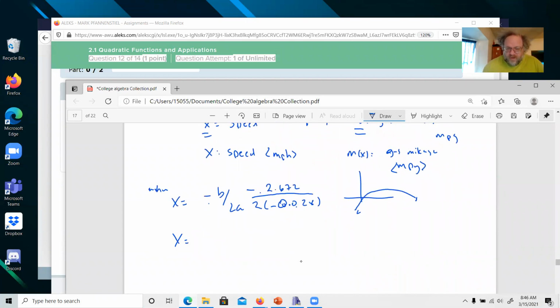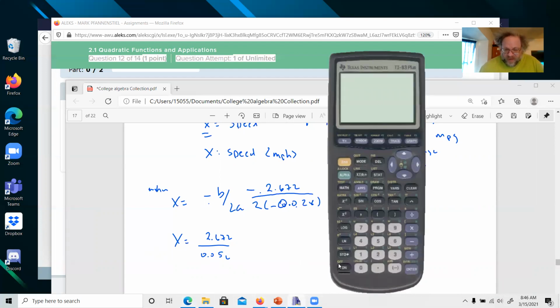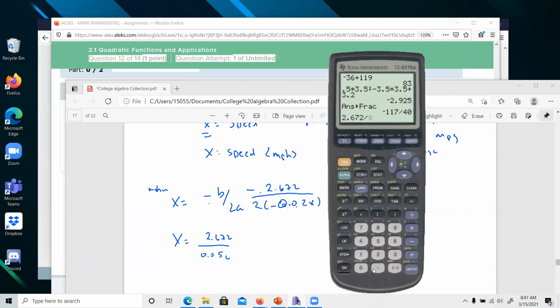Okay, so x is equal to 2.672 divided by 0.056, I believe. I'm not going to pretend that I could do that arithmetic in my head. It's not even close. We wouldn't bother. So 2.672 divided by, I won't even trust myself, 2 times 0.028.